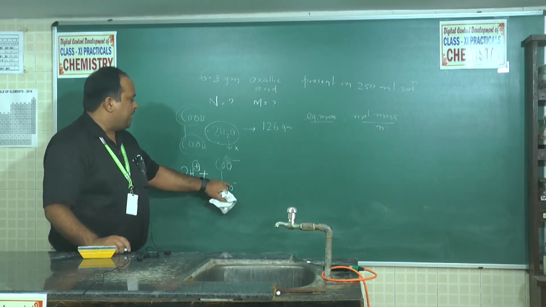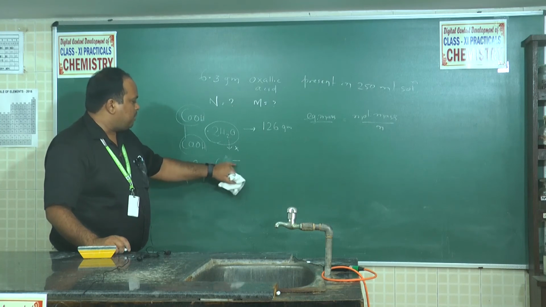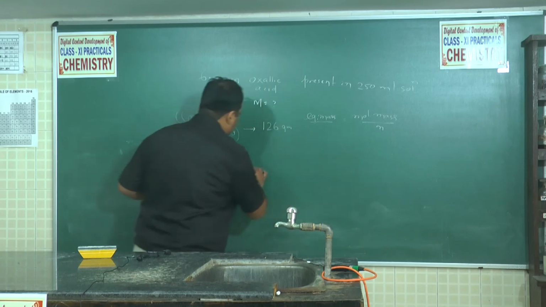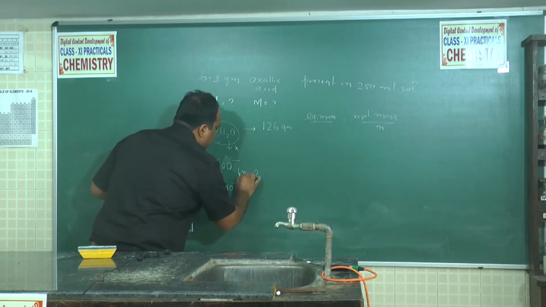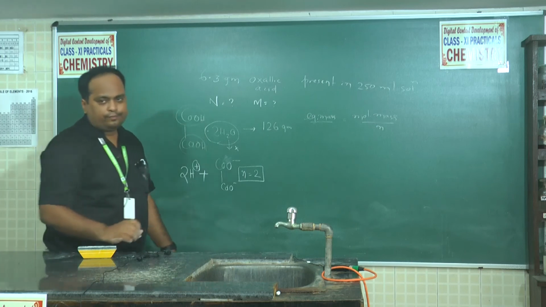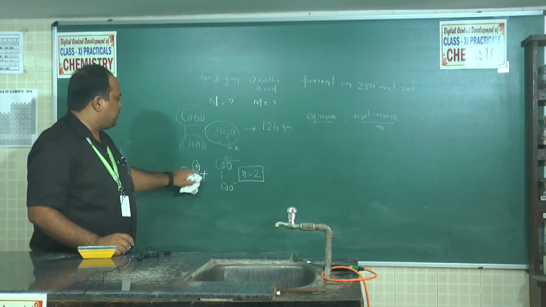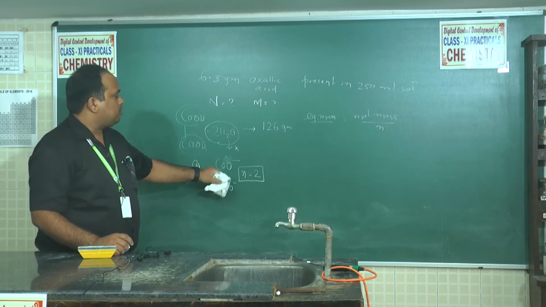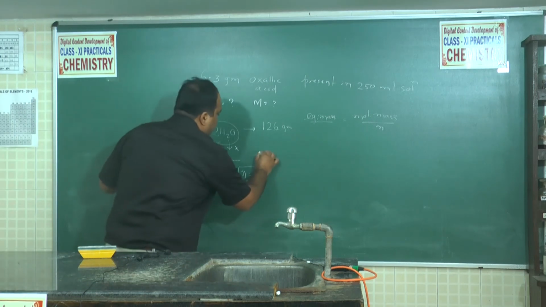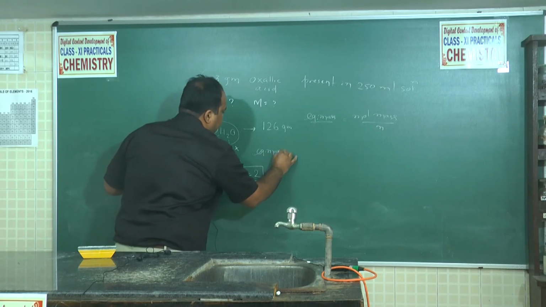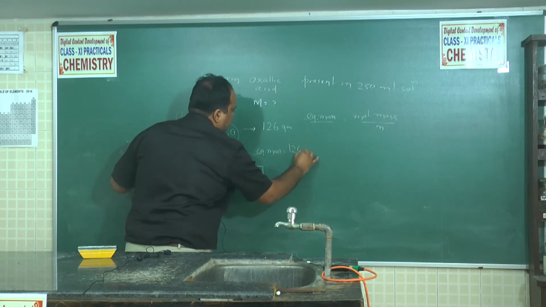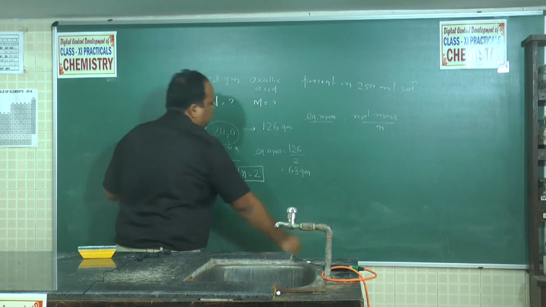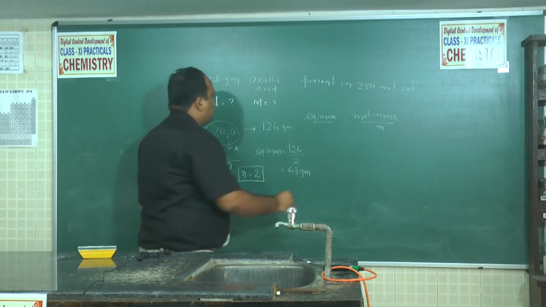That means the charge is minus 2, so the number of electrons transferred is 2, whether you take positive or negative. So the equivalent mass is 126 by 2, which is 63 gram.